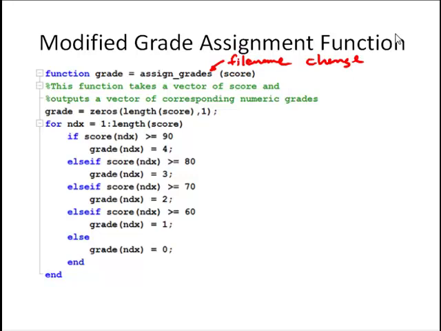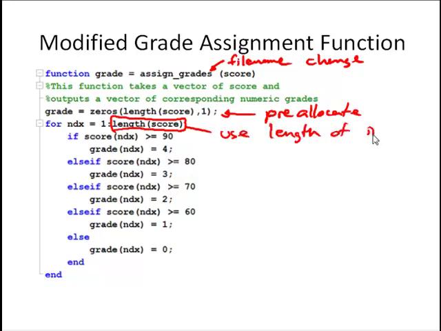So now what we're going to do is go in and here we pre-allocate grades. And we're going to output a vector of grades, and we're going to go in a for loop and use the length of the input to determine the number of iterations for the for loop, and then we put the same if structure inside here, but notice we're working one element at a time.